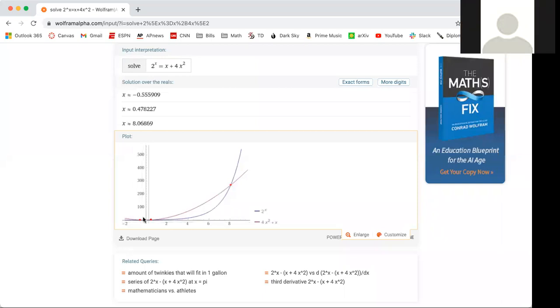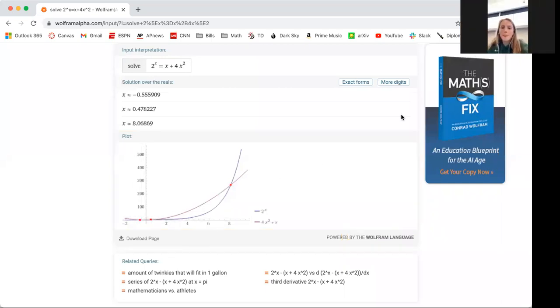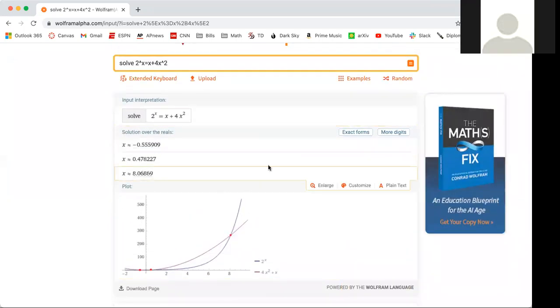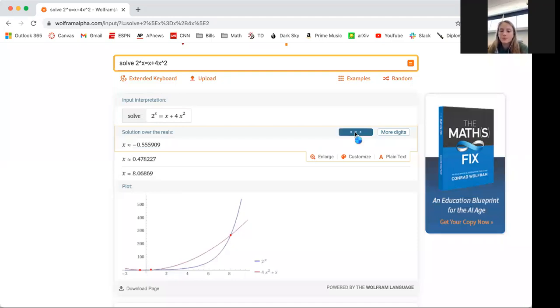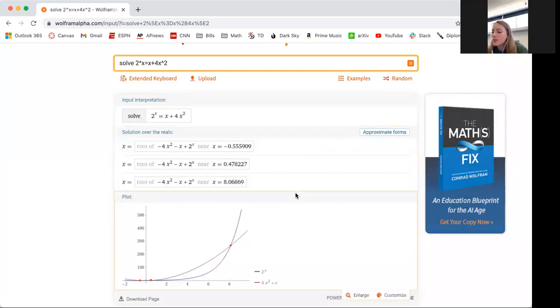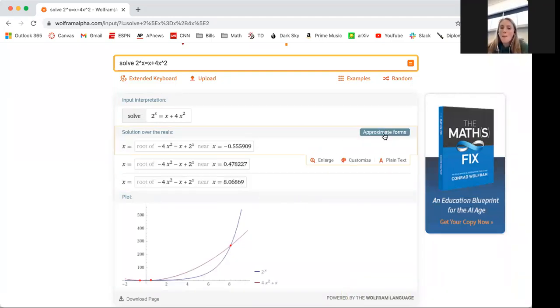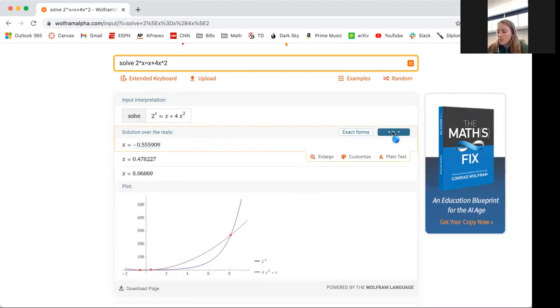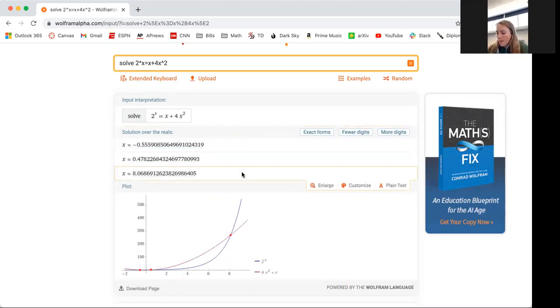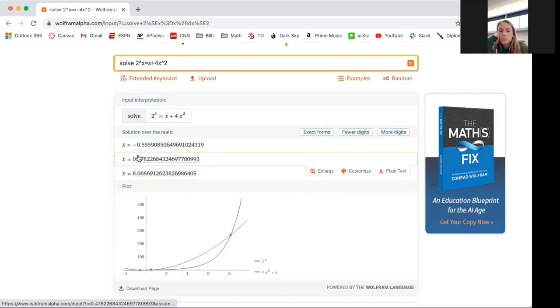Here we can see these different solution points and their approximate values, and it can, let's see, get some more digits so you can play around and get different answers to your question.